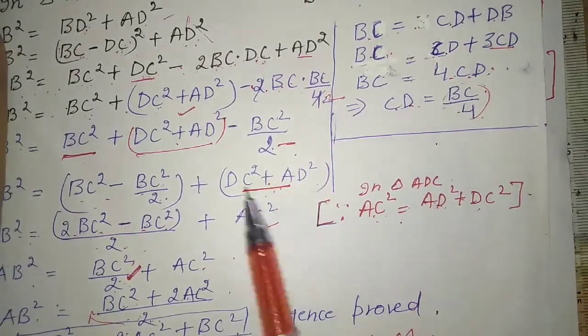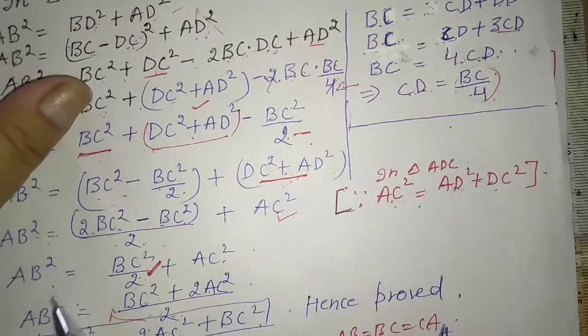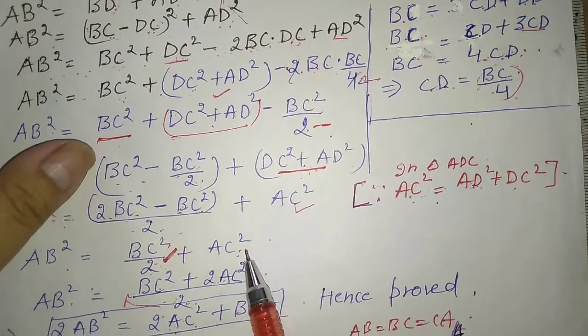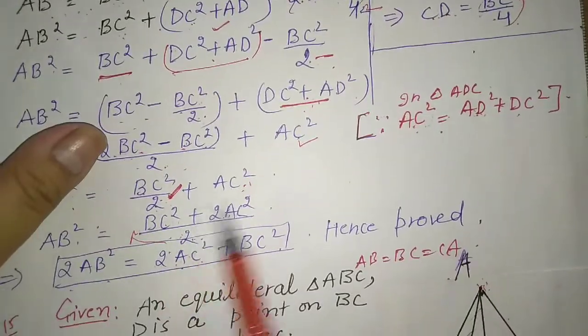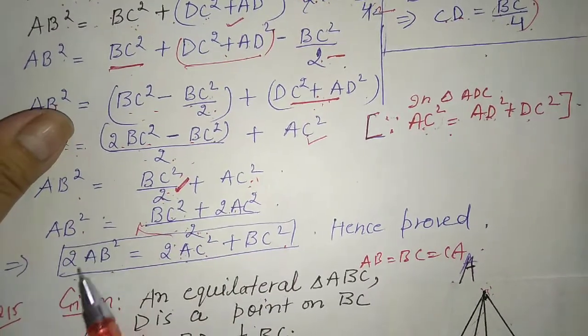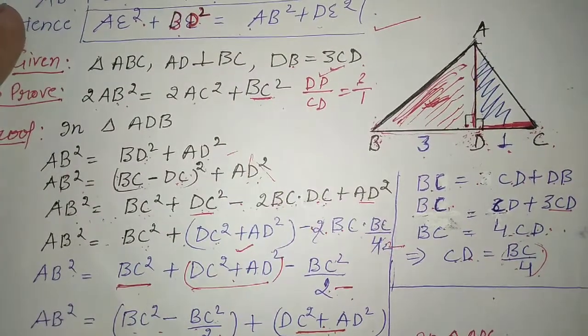So AD square plus DC square we can write as AC square. So AB square is equals to BC square by 2 plus AC square. By taking the LCM we get BC square plus 2AC square. This 2 will transpose to the left side. So 2AB square is equals to 2AC square plus BC square, that we wanted to prove.